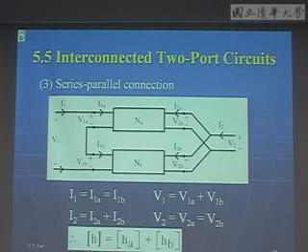So in this case, the resulting Y matrix is equal to the sum of the separate Y matrices. And this is called series-parallel connection. The resulting hybrid parameter is equal to the sum of the two hybrid parameters. Okay.